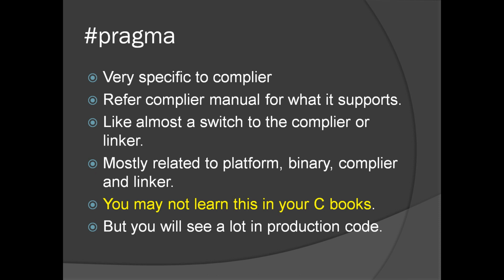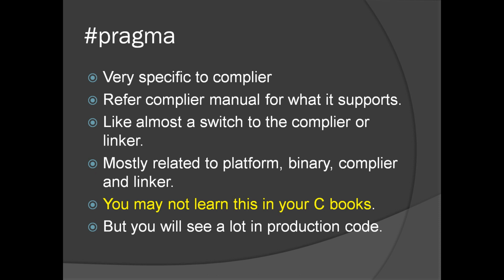Most are related to platform, binary, compiler and linker. Platform in the sense of the loader: instructions to the loader on how to load the binary. So binary creation, specifications, compiler and linker switches. Those are mainly the hash pragmas.